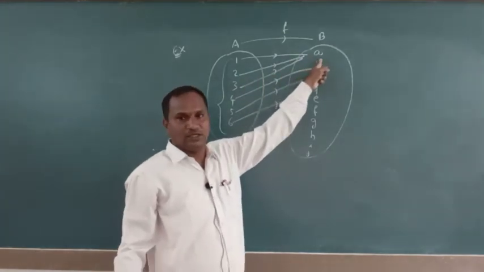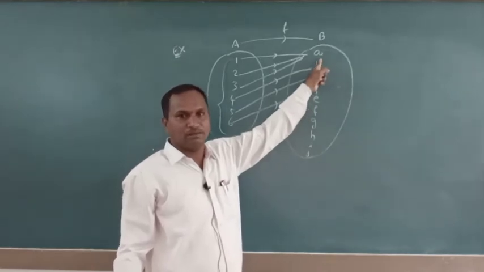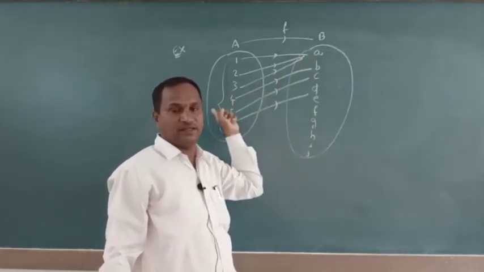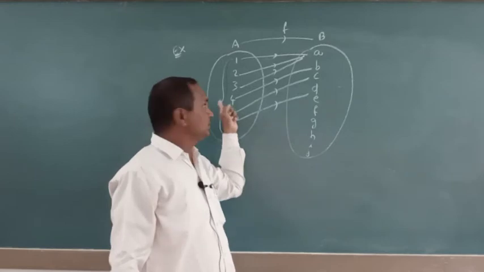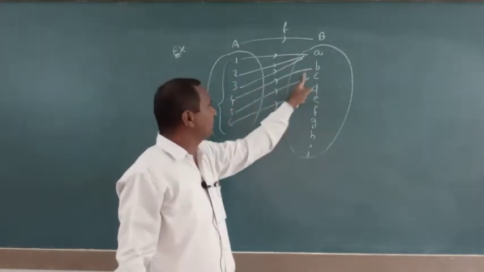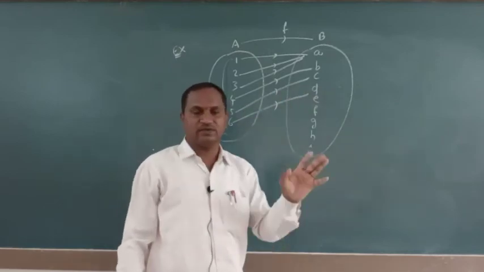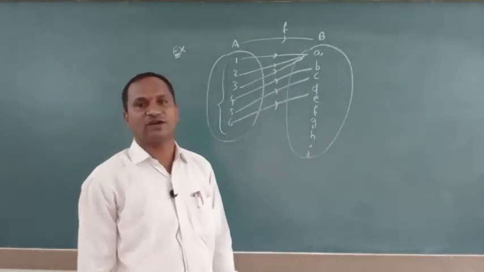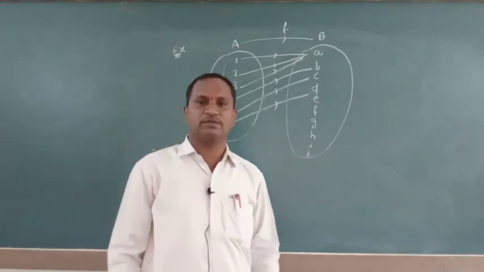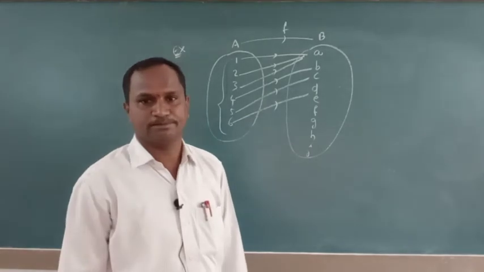Maybe you can get repetition of an element in set B, no problem, but we should not get repetition in the first set capital A. 3 has one element, 4 has one element, 5 has one element, 6 has one element. That's why the first point is over: every x belonging to capital A is associated with one element of set B.